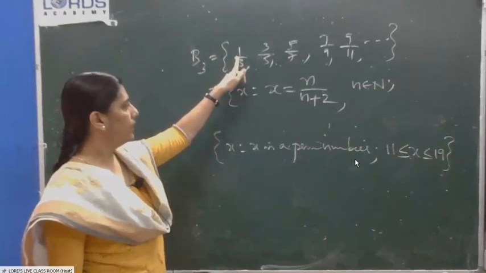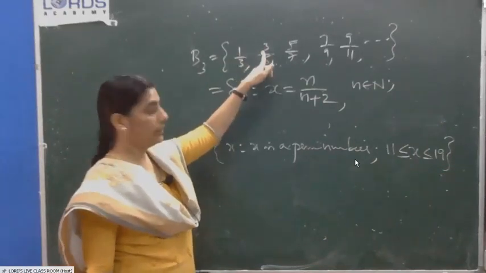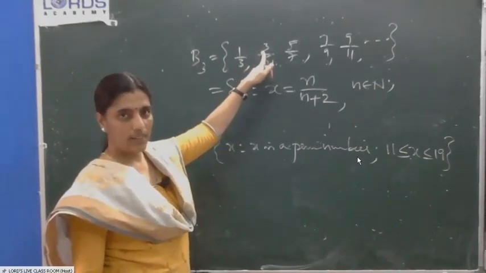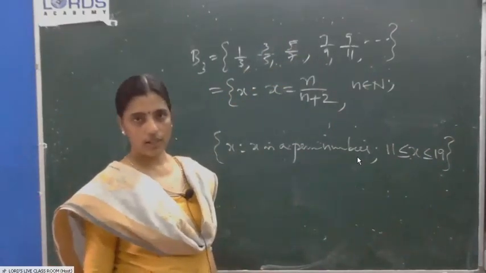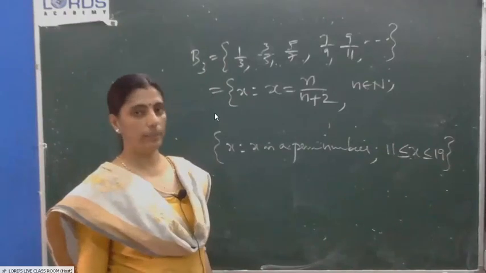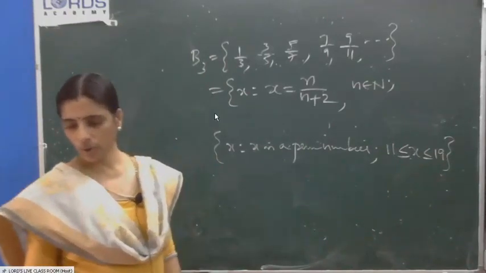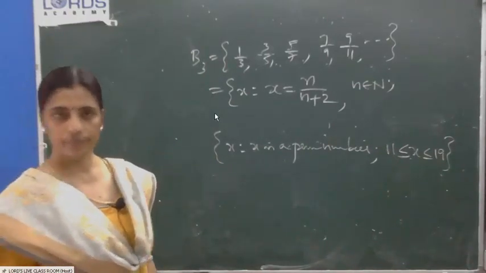See, n is 1. Then not all. Correct, 2 is not there. Then 3, then 5. Odd numbers. N is equal to all odd numbers.